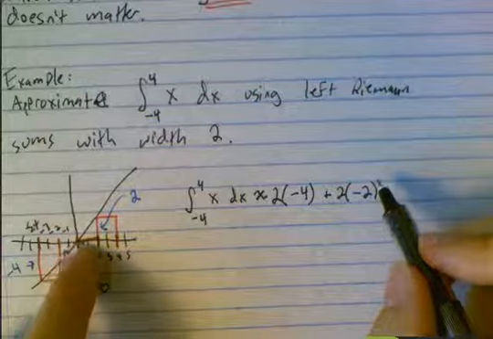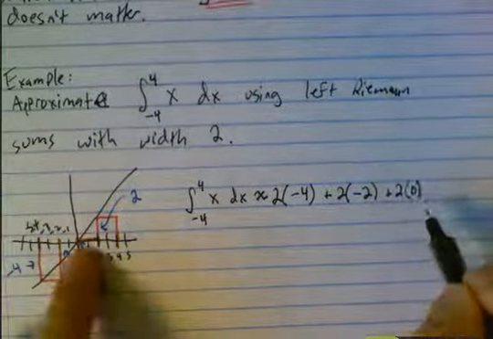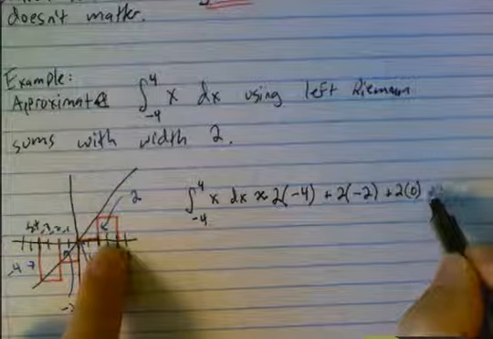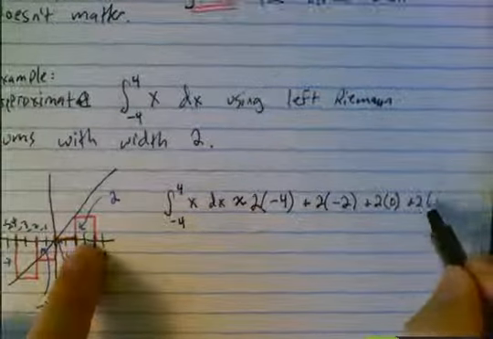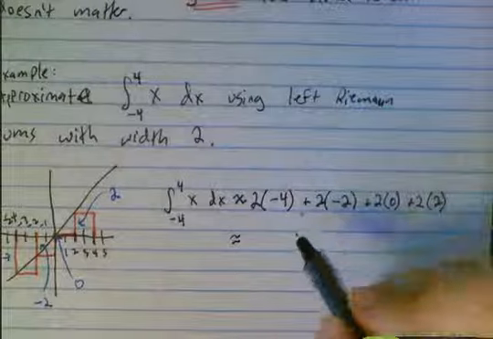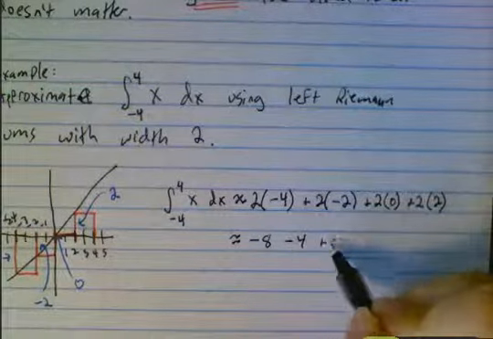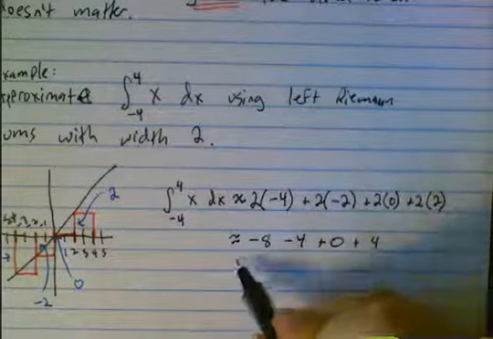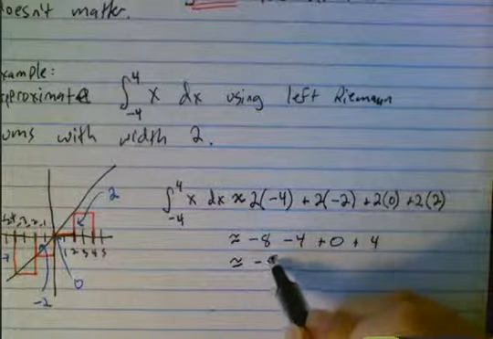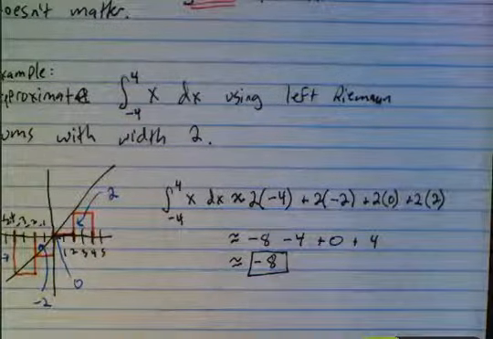This little flat one right here also has a width of 2, it has a height of 0, that's okay. This one has a height of 2, width of 2. So we just add this up: -8, -4, 0, 4. The area is approximately -8.